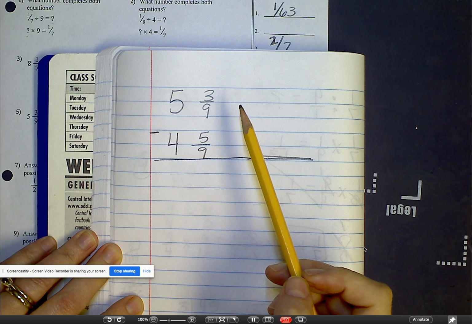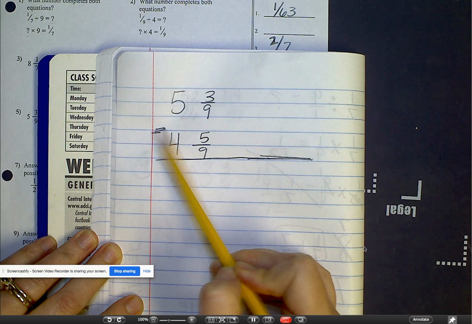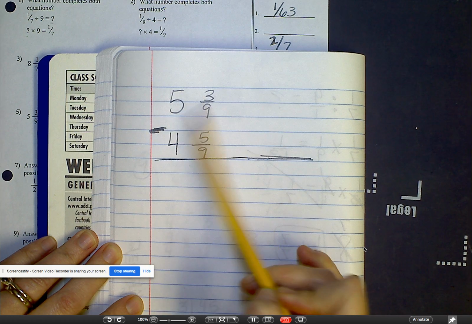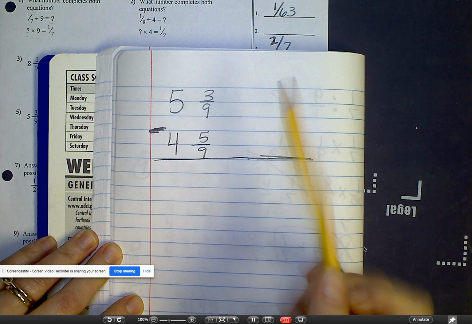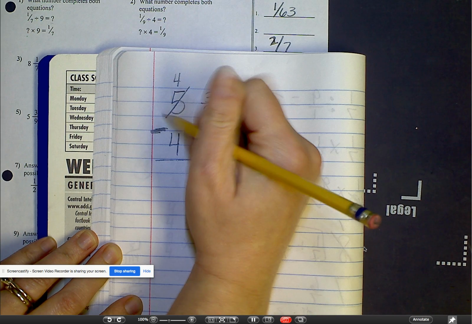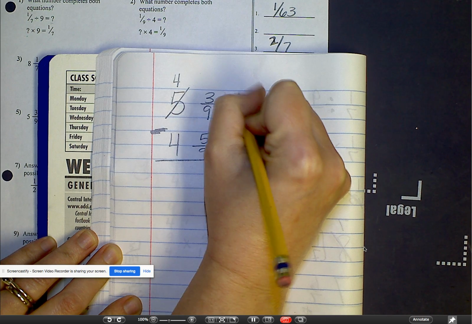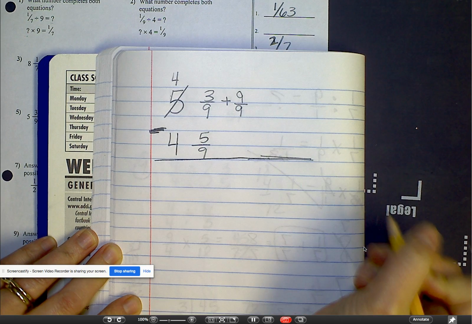And so now what I'm going to do is go ahead with my operation, which is subtract. 3 minus 5. I can't do that. So I'm going to just change this 5 to a 4. And then what I took from here was 1. So I'm going to add it back over here in the form of 9 over 9.